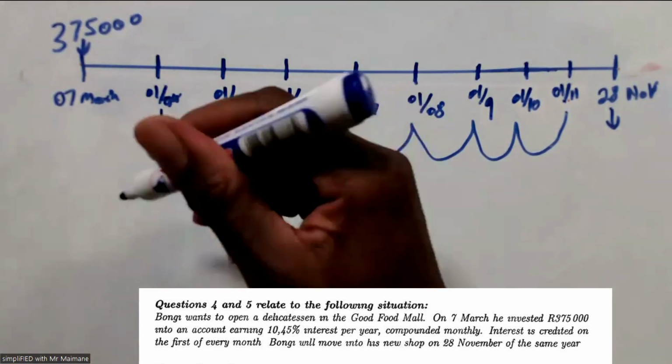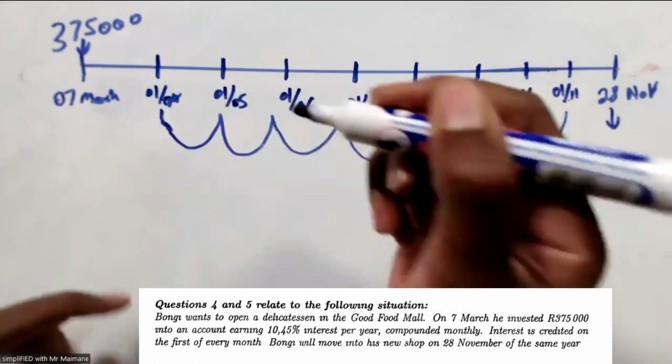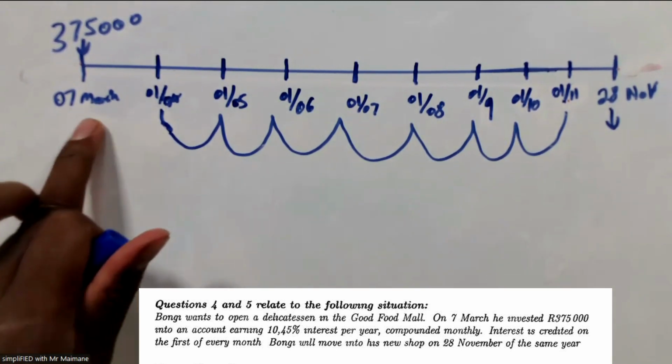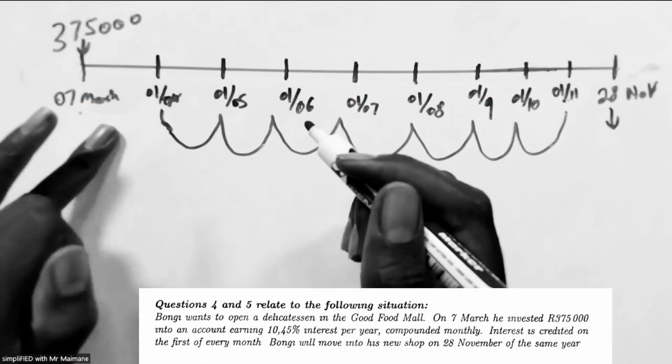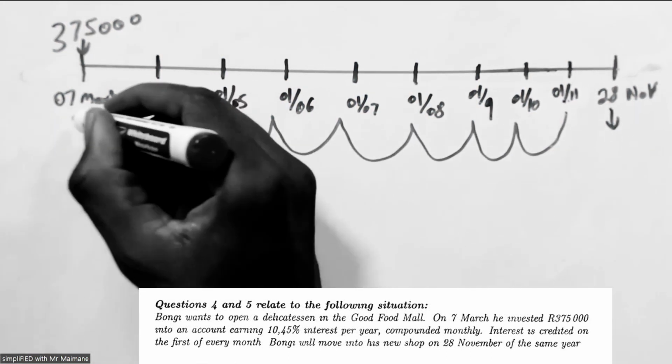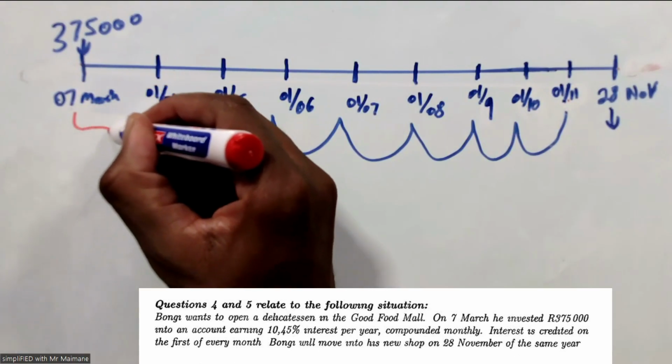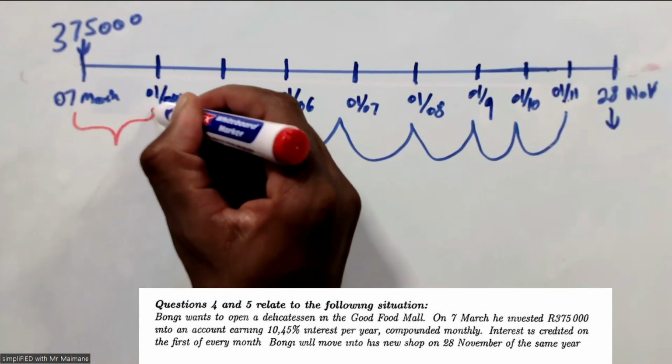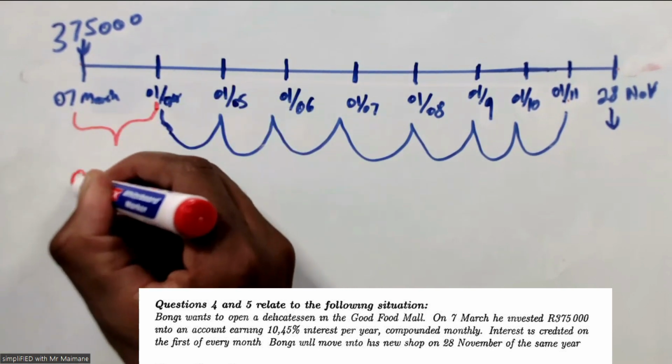So now we have an imperfect period here. Now the date from the 7th of March up until the last day of the month, that's our odd period.